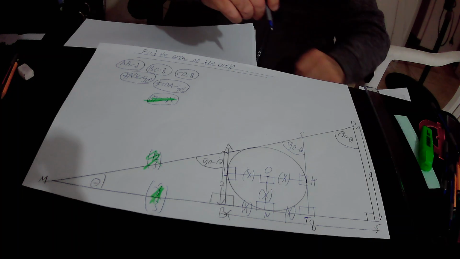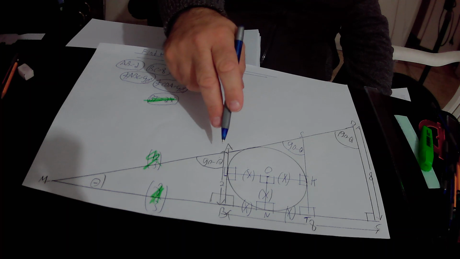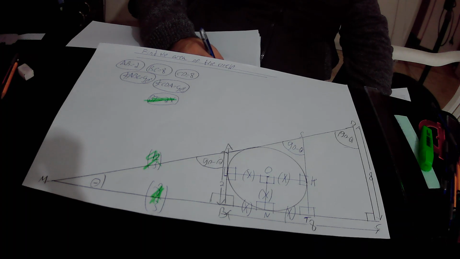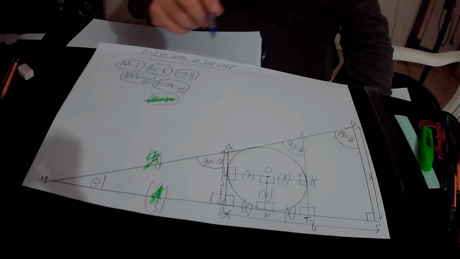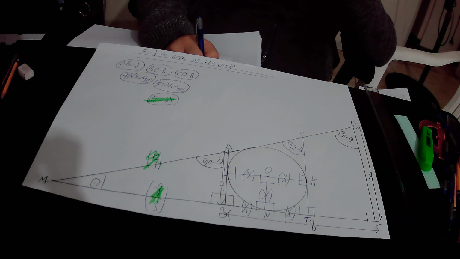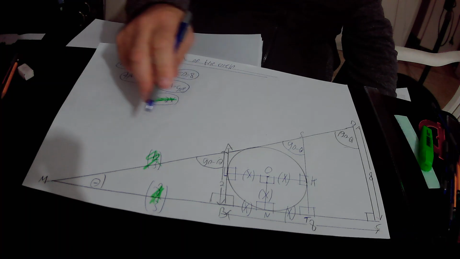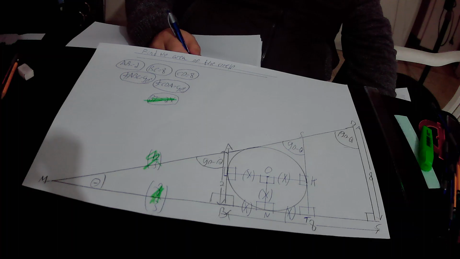We will derive that side ST in the right middle triangle STM over side AB in the right small triangle MBA is equal to side TM in the right middle triangle STM over side BM in the right small triangle MBA.